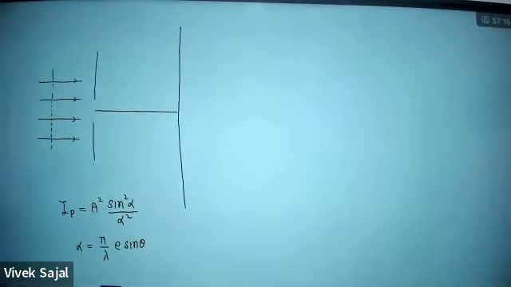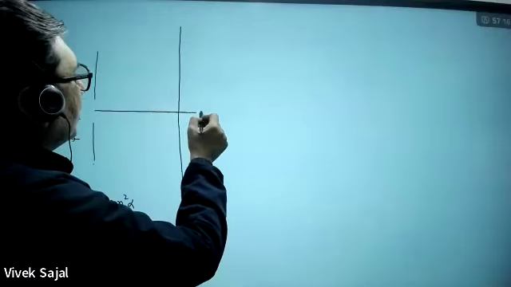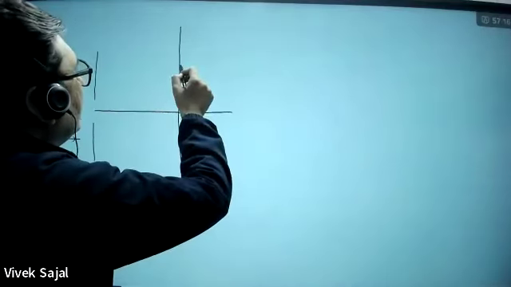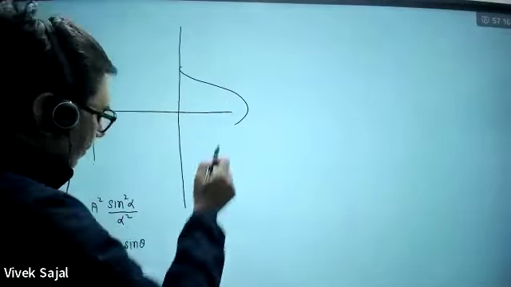E sin theta. Okay, if you plot this I_P as a function of theta, then you will get this type of pattern on the screen. Here on the screen, you are going to get this type of intensity pattern.